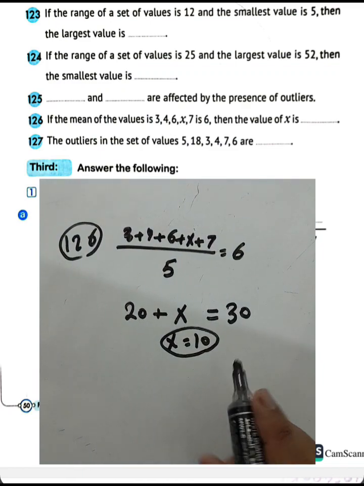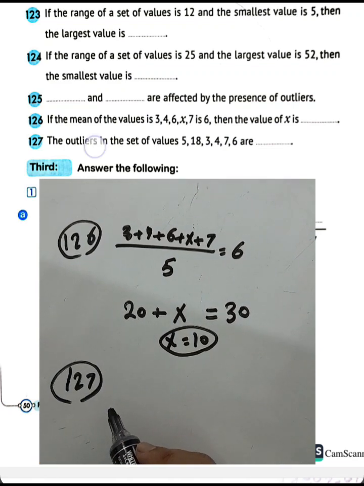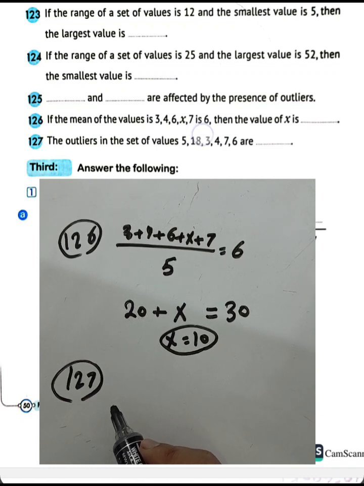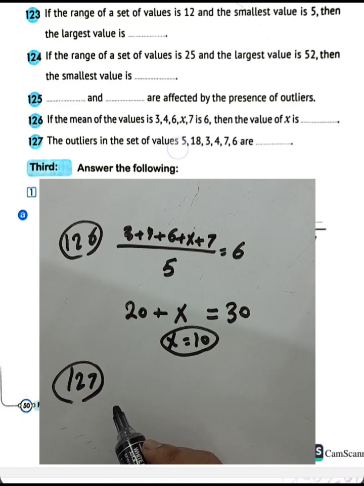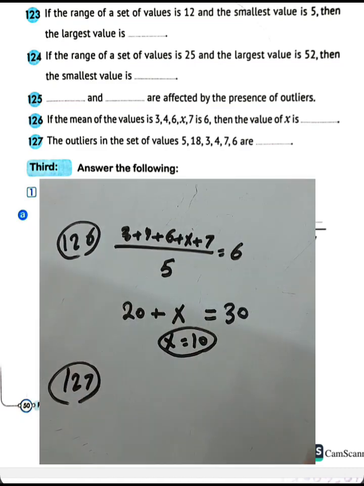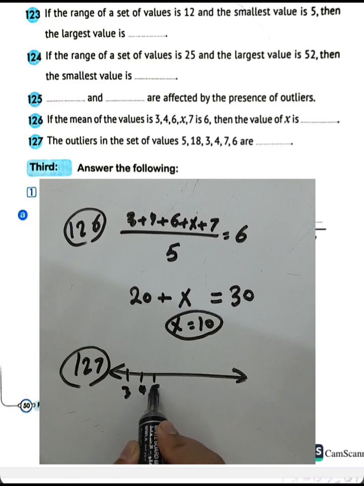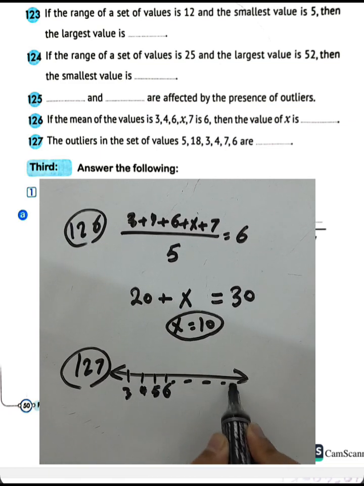Question 127. The outliers in the set of values. Here we have 18 as the greatest number, and 5, 3, 4, 7, 6, which are smaller, and we have a long distance between 3, 4, 5, 6, 7 and 18. Look at the number line here to understand. We have 3 4 5 6, but we have 18 here.